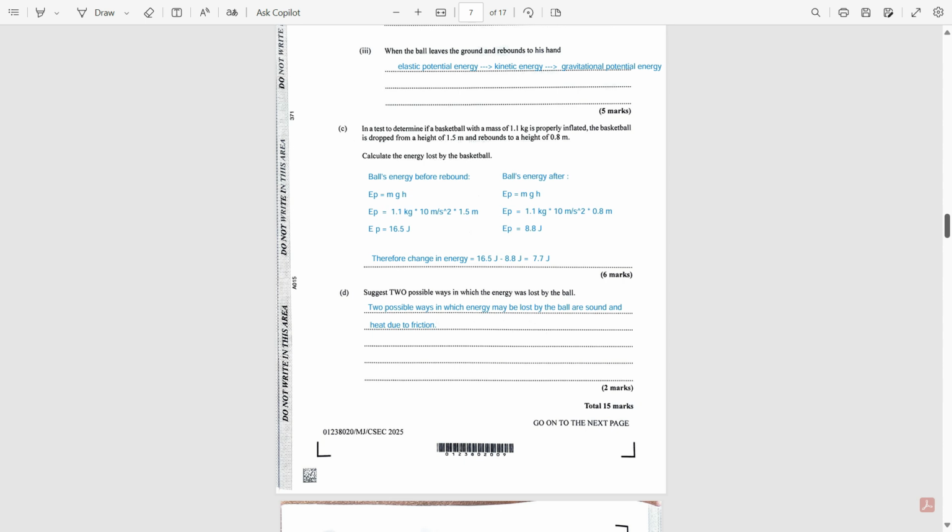It was 8.8. So the change in energy, or the energy lost, would be the difference between 16.5 and 8.8. You get 7.7 joules. Two possible ways in which energy may be lost by the ball are sound and heat due to friction.